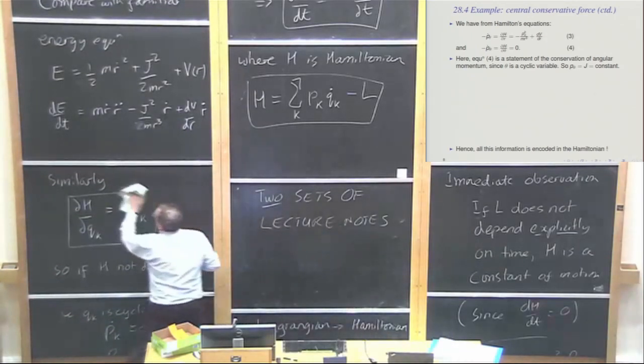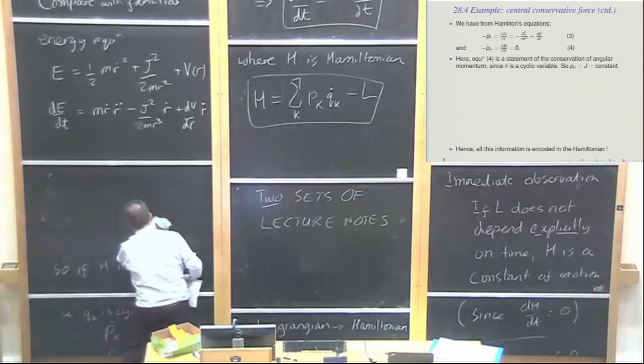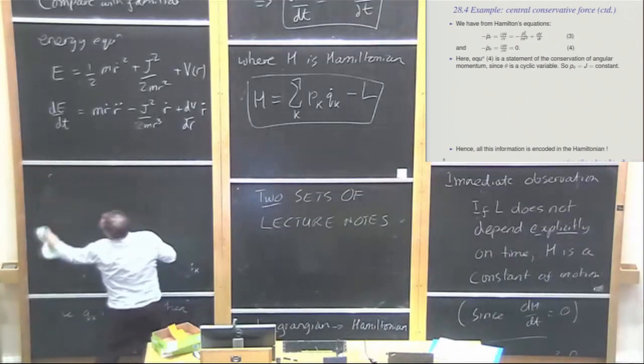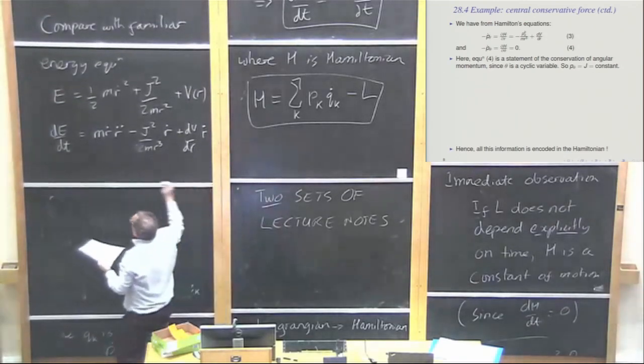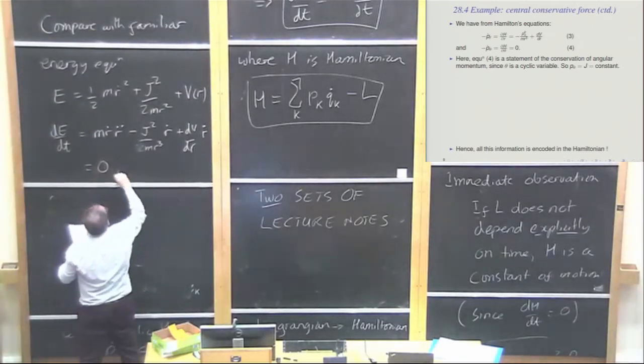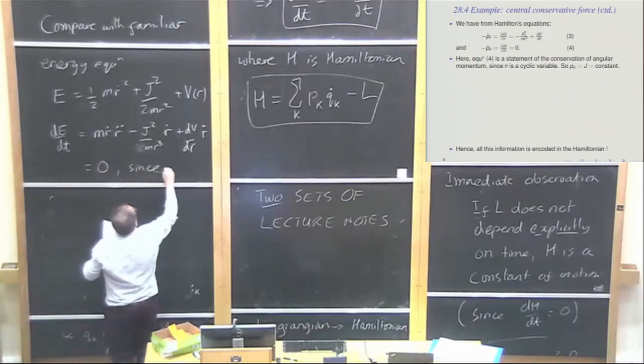and this we know, we said on the previous slide, that this is equal to 0 since E is conserved.